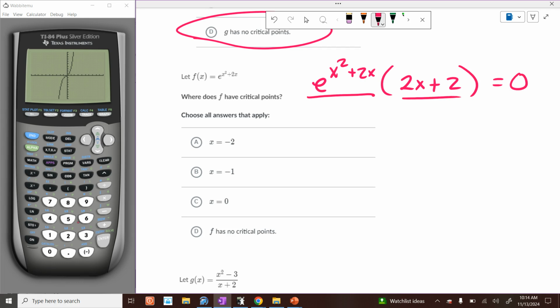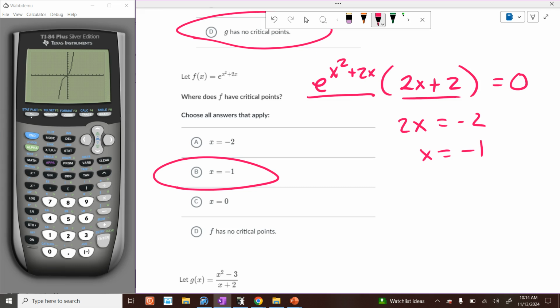But you set this equal to 0. Well, 2x plus 2 equals 0. 2x equals negative 2, so x equals negative 1, okay? Because e to any power cannot equal 0, because e to the 0 is 1, so you can't take e to a certain power to get 0. You just can't.